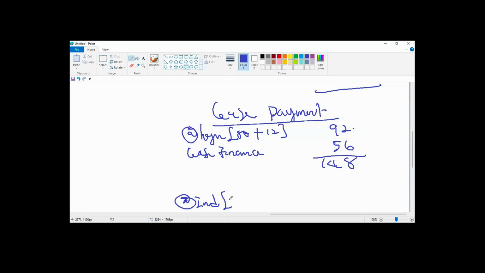At the end, 100 plus 17, 117. Thirty-one. How much is paid? 31.